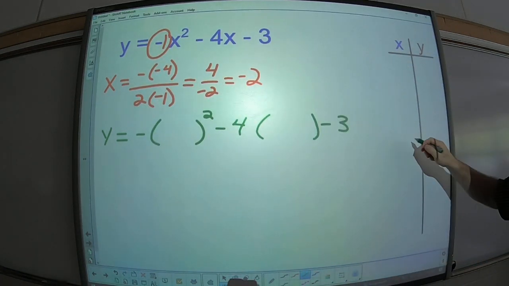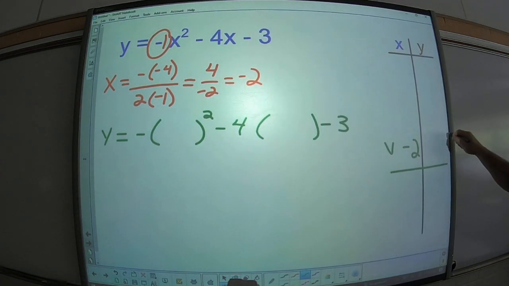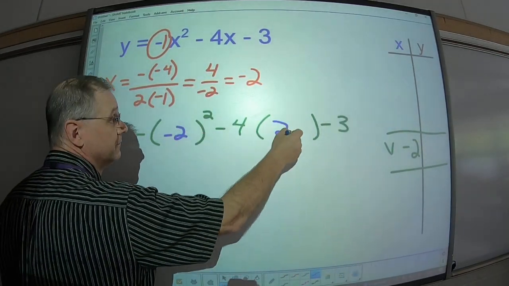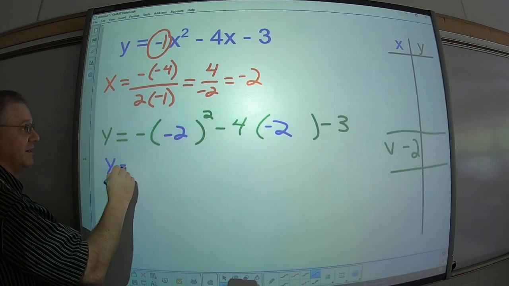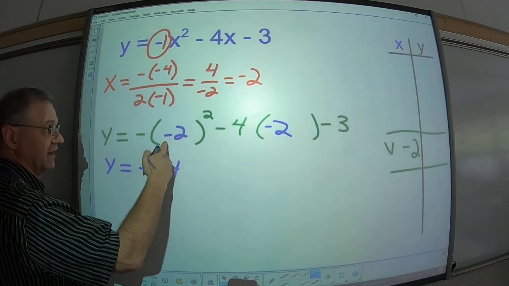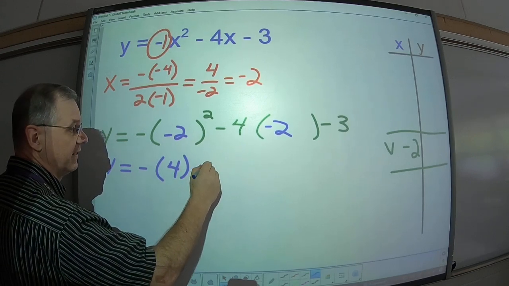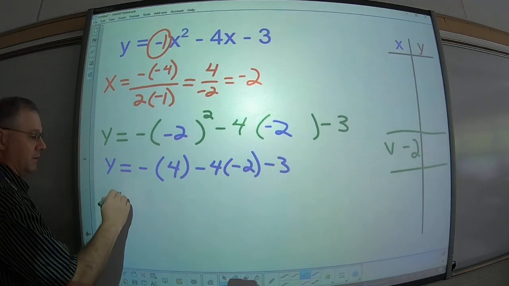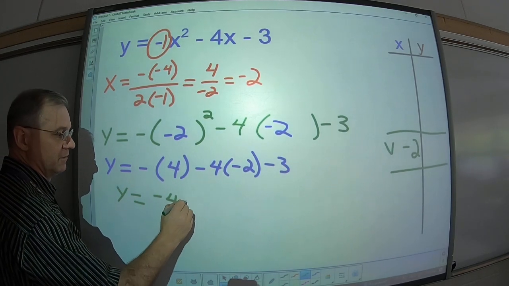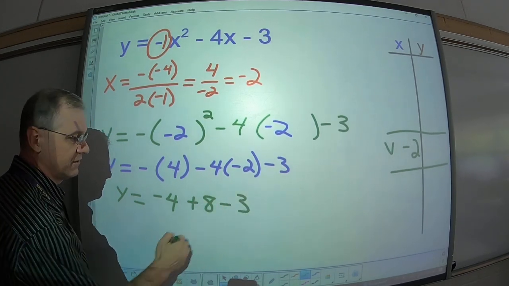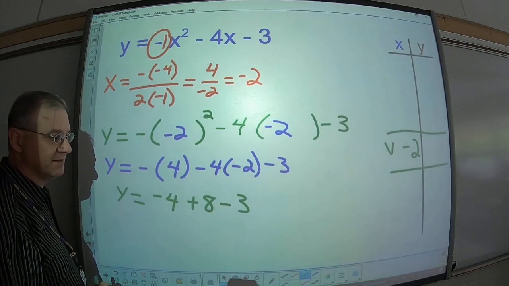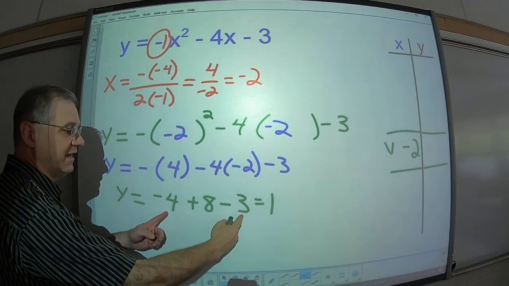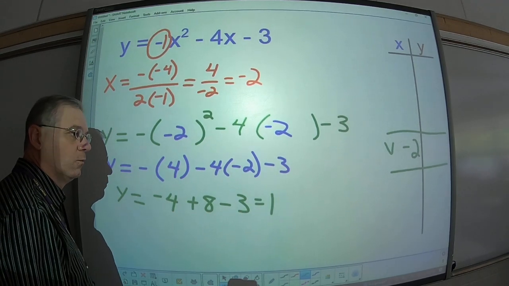Again, we've got our negative 2 for our vertex, and we'll fill in negative 2 and solve. y equals negative 2 squared is 4, minus 4 times negative 2 minus 3. Negative 4 plus 8 minus 3. Well, negative 4 and 8 is 4, minus 3 is 1.